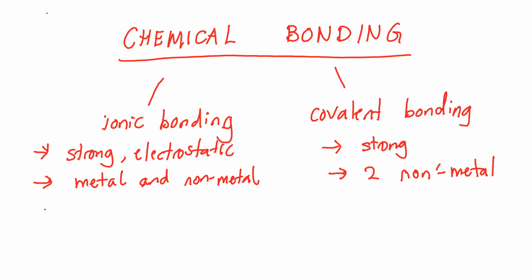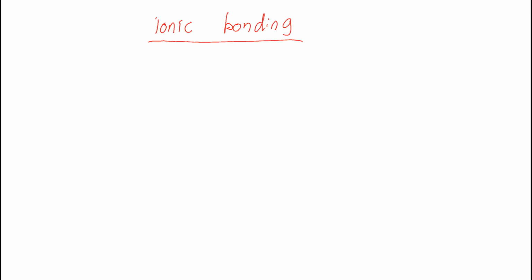The metal and non-metal ionic bond involves one party giving up the electron and the other party taking up the electron. The covalent bond involves the sharing of electrons between the two non-metal atoms. We will explore further later.